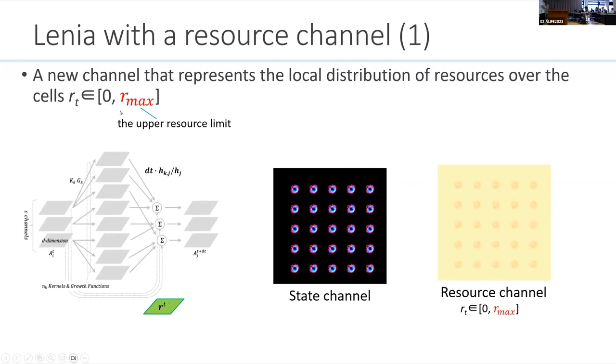This value can take 0 to Rmax. Rmax is a parameter that determines the upper resource limit. This is a point of this study. So in addition to the state channel, in this case the red, green, and blue each represent 3 different state values, we assume this resource channel over this space.